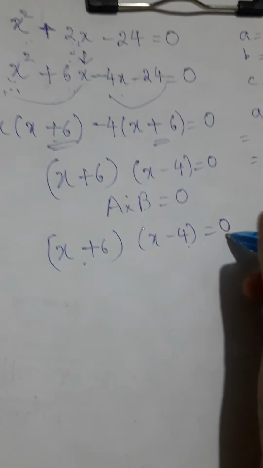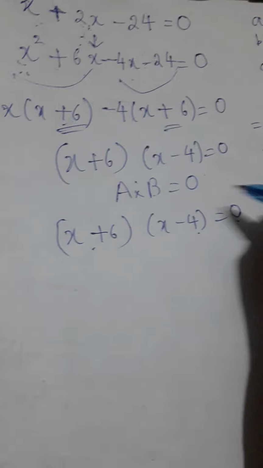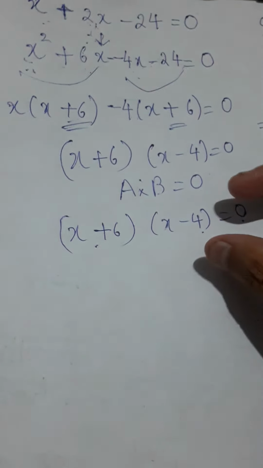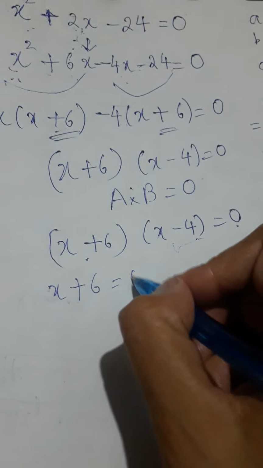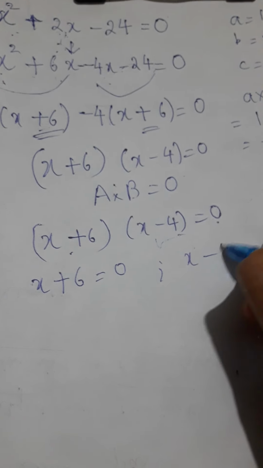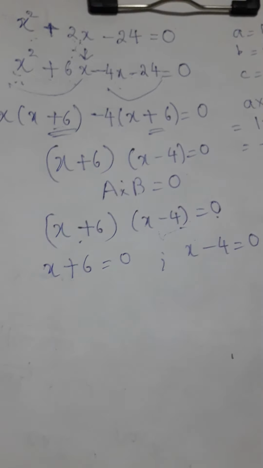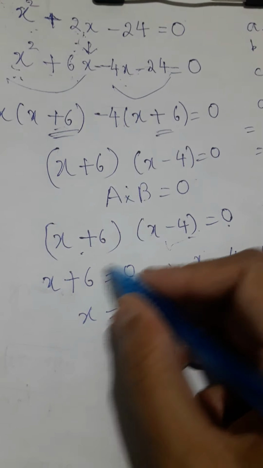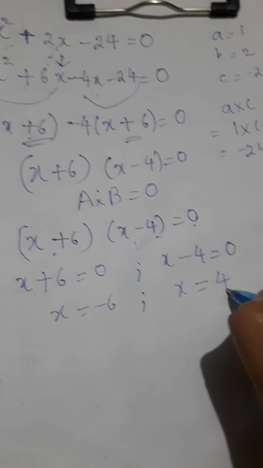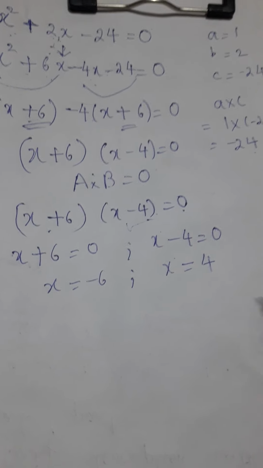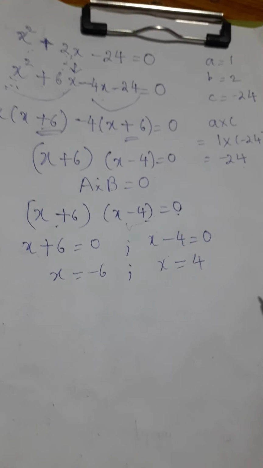When I equate this to 0 and this to 0, I push the 6 to the other side and get minus 6, and here I get 4. So x is equal to minus 6 and x is equal to 4.